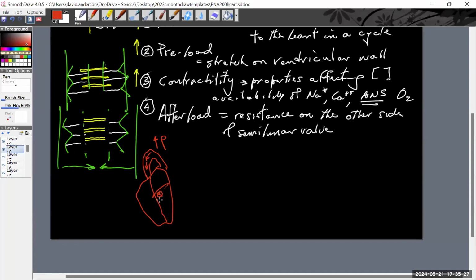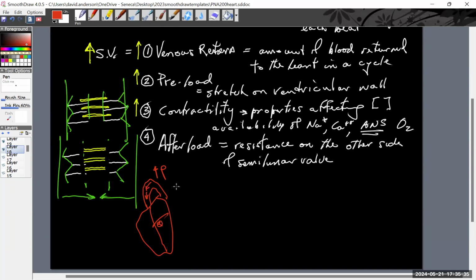And that means this ventricle has to contract even more against the afterload. So if we're discussing factors that make stroke volume go up, then it's about improving 1, 2, and 3 and decreasing number 4.